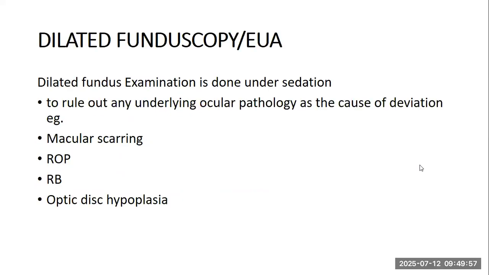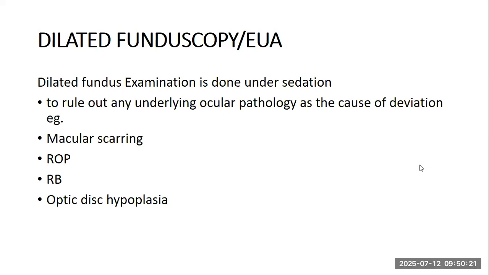Then it's important to check for any ocular component of this strabismus. You want to see if the cause of this strabismus is sensory, if there's poor vision as a result of maybe a macular scar or a vitreous opacity, corneal or lens opacity, lesions in the retina.